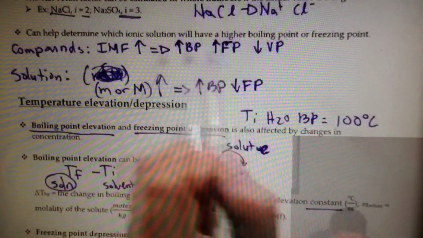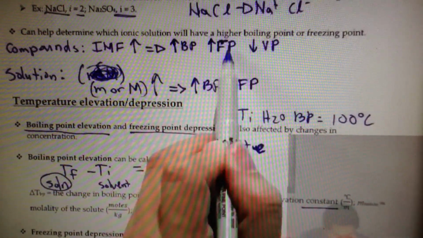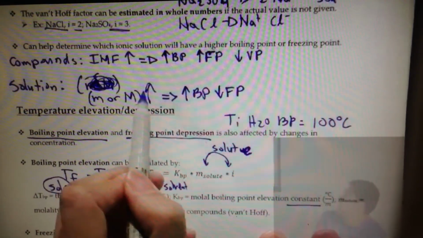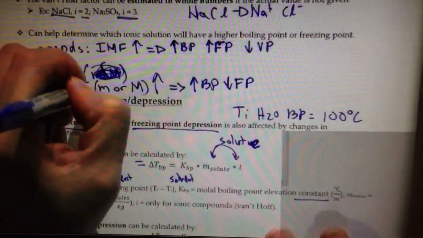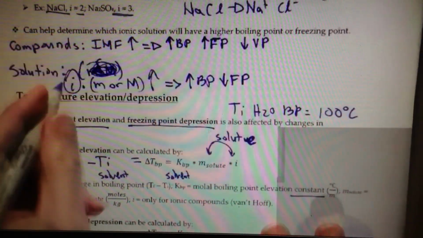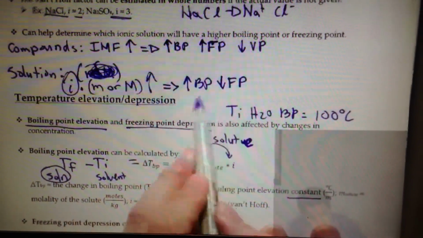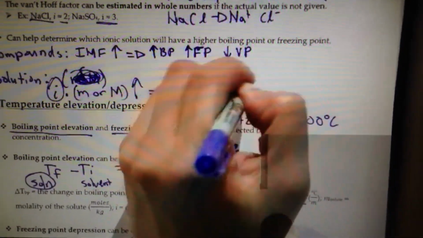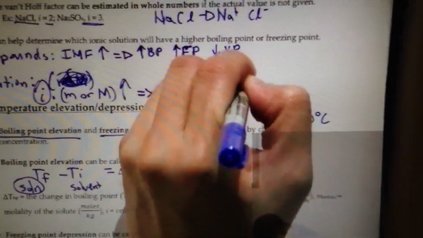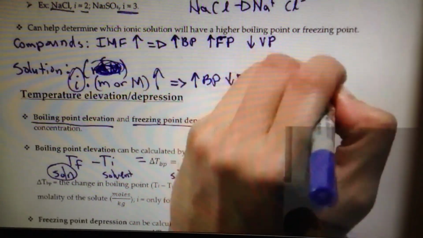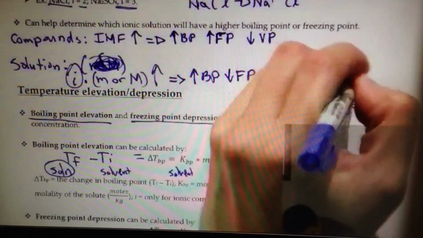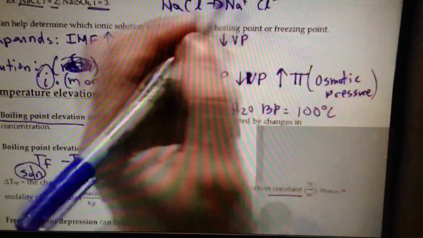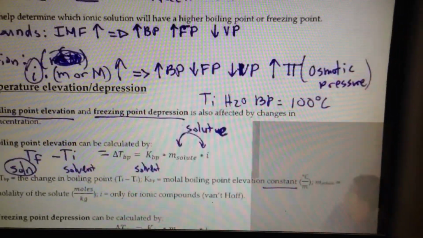But for compounds, high IMF means high boiling point, high freezing point. For solutions with a molarity or molality, a high value of that times I gives a high boiling point, low freezing point, low vapor pressure, and a high P, which is called osmotic pressure. We'll discuss this at the end, but I wanted to give you all of it now.